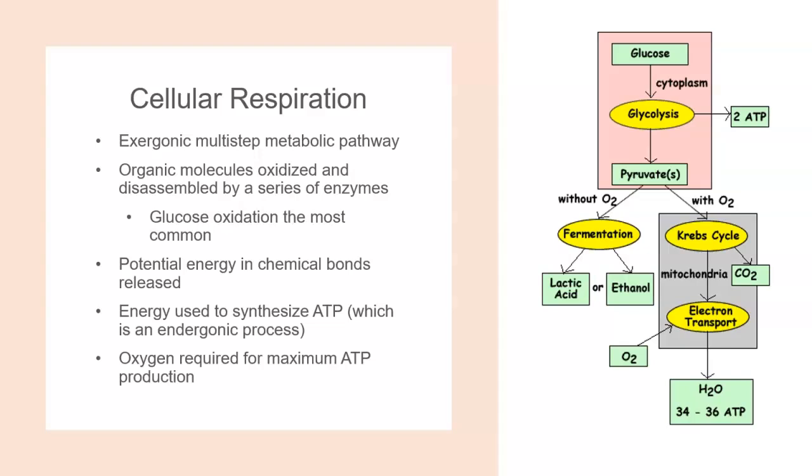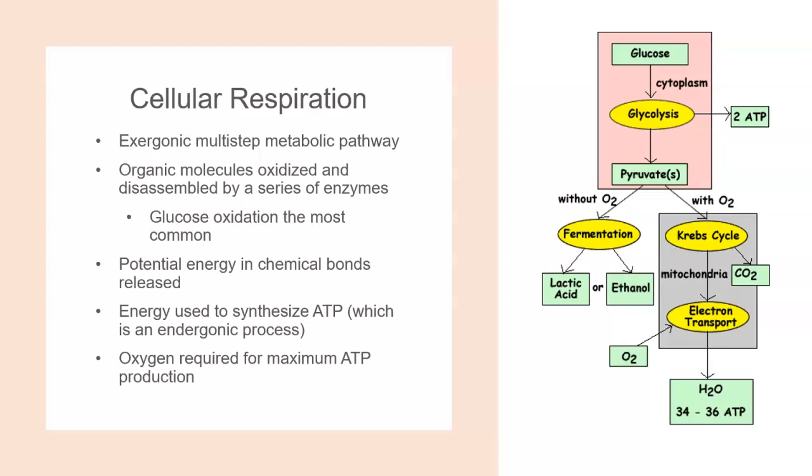The organic molecule that gives up its energy does so by releasing high energy electrons. So that molecule is oxidized. The energy released is going to be used to synthesize, or make, ATP, which is endergonic, or an energy requiring process.